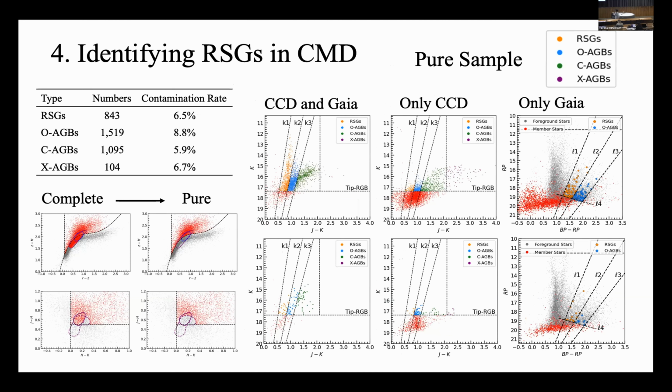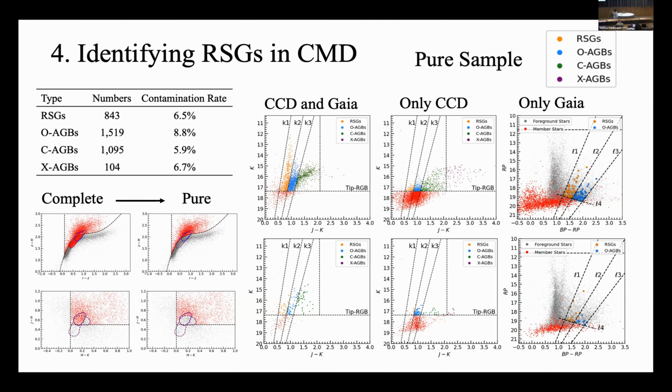As shown in the lower left figure, the complete sample means we keep the sources that have mixed into the dwarf branch based on the empirical region. However, in our pure sample, we remove any sources once they are below the borderline of the dwarf branch.